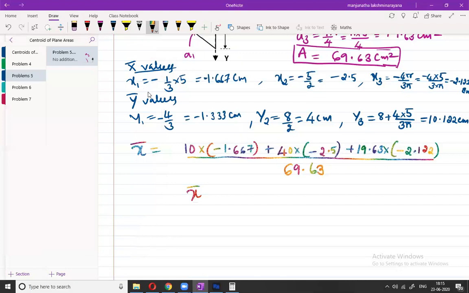Therefore, x bar is equal to 2.3 centimeter. Whether it is right or wrong, we'll have to check it afterwards. We'll have to judge.